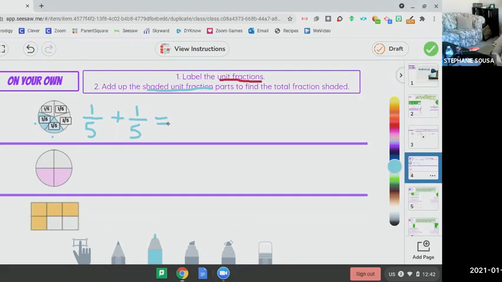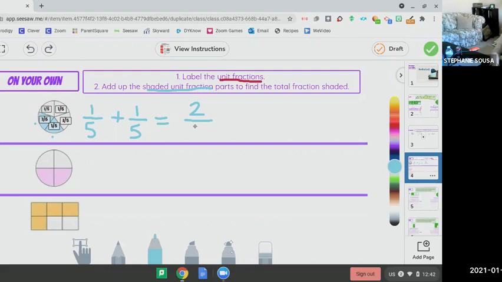Now this is very important. Our numerator is going to change. We know that when we have 2 1/5 pieces, we have 2/5. The denominator does not change. This is not 5 plus 5 because that would be 10, and there are not 10 pieces on this model. There are 5.